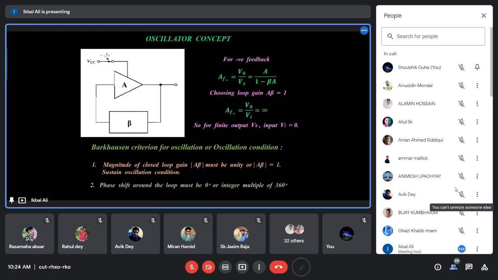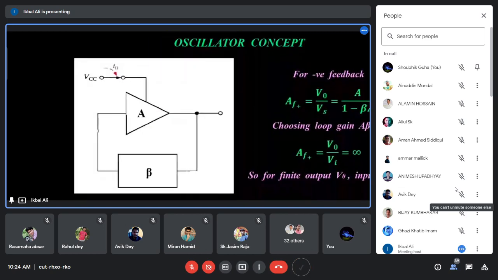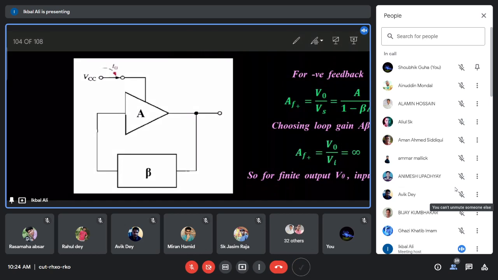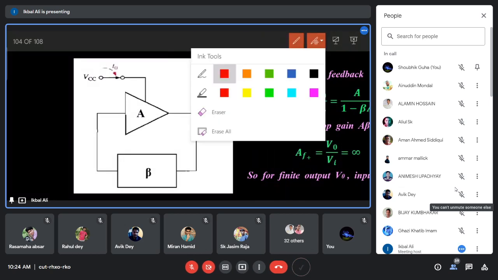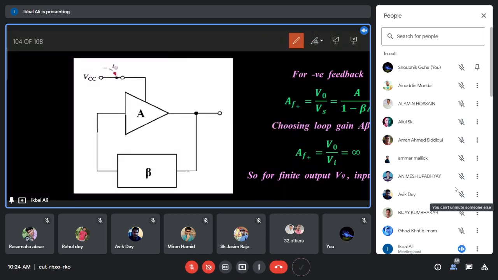Okay. Now I am asking you a question. You have understood from these discussions that the positive feedback amplifier with the loop gain equal to 1 can generate some signal. So at the output of this feedback amplifier, when there is no input but still the circuit is producing some output, this is your output signal at the output of this positive feedback amplifier with the gain equal to 1.